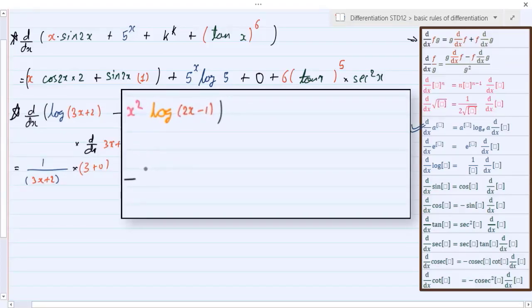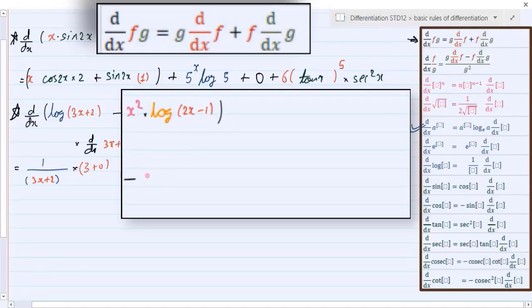Minus, in the differentiation of the second term we have x square into log 2x minus 1. We just have to apply the multiplication rule. So initially, let's say our x square will be as it is.